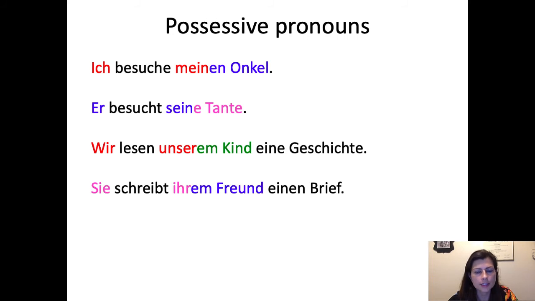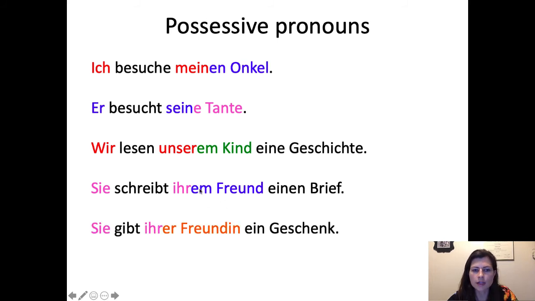Sie schreibt ihrem Freund einen Brief. So now sie and ihr go together, she and her. She writes her friend a letter. So the reason we have ihrem Freund is because Freund is masculine and it's in the dative. Sie gibt ihrer Freundin ein Geschenk. So now we have a very similar one, except Freundin is feminine.